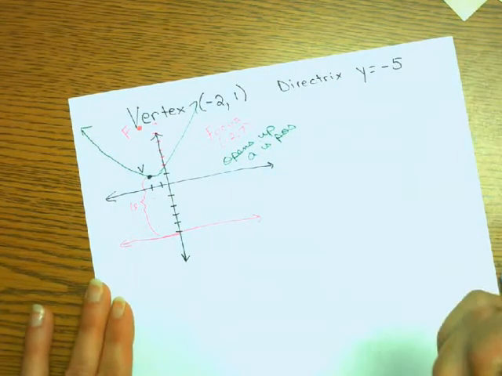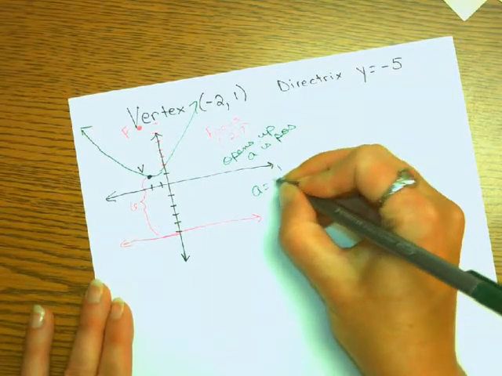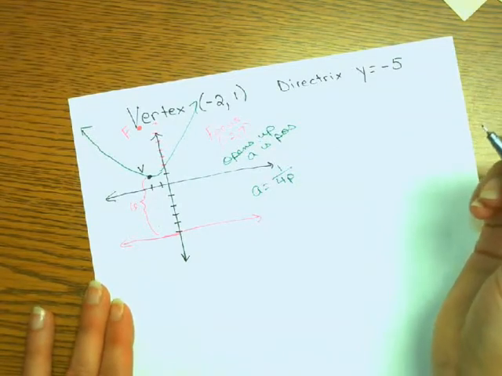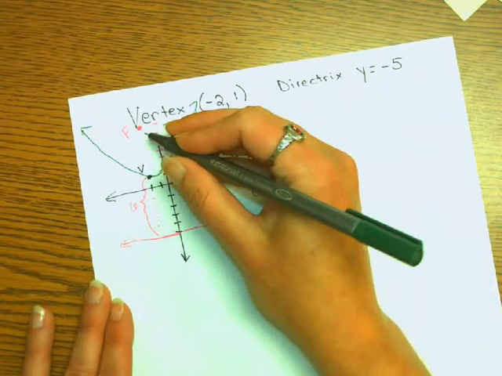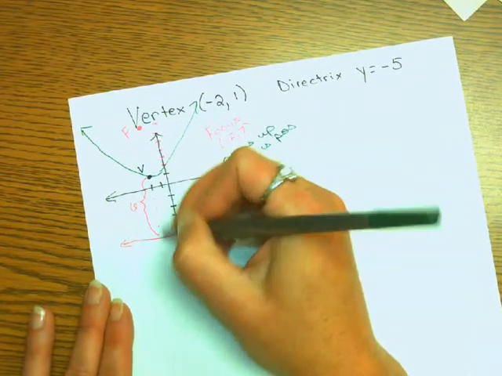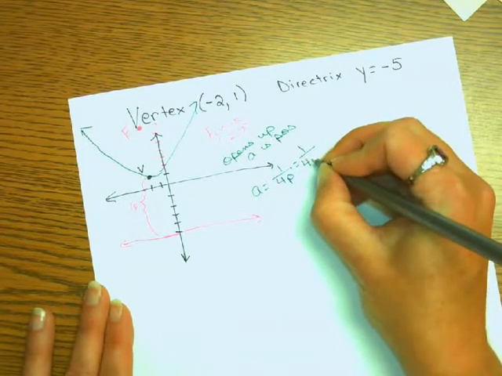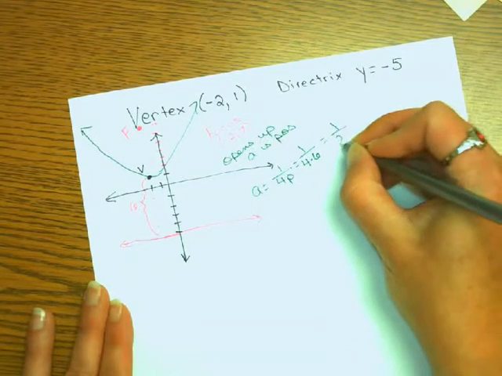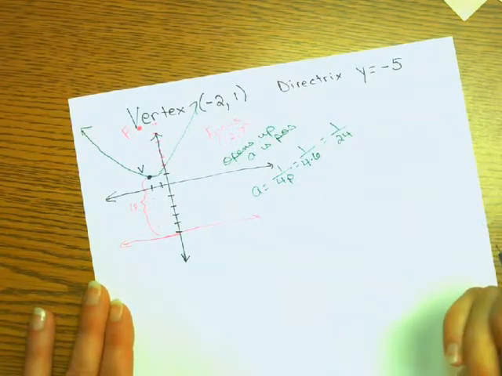We need to find the value of A. A equals 1 over 4 times P. P is the distance from the vertex to the focus. Well, we counted 6 steps up because it was 6 steps this way. So that's 1 over 4 times 6. That's 1 over 24. And it's going to be positive because we're opening up.